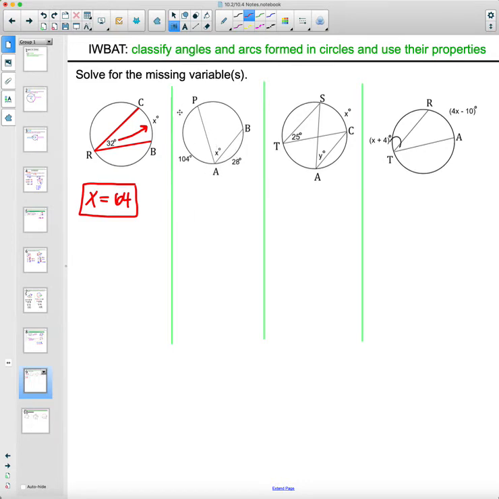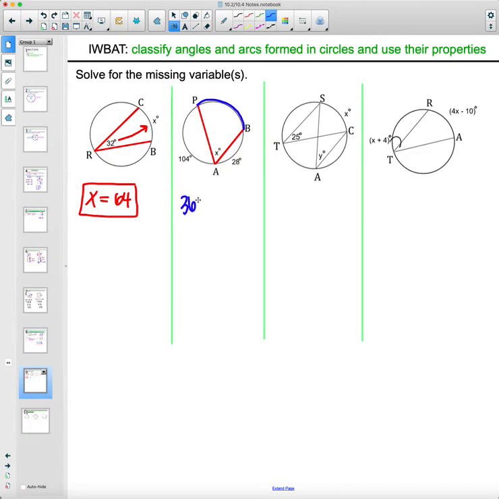Okay, here we've got arcs over here, and we've got this inscribed angle. So this arc relates to this angle. It's double the angle. So we need to figure out this arc. And we know that the arcs of a circle equal 360.